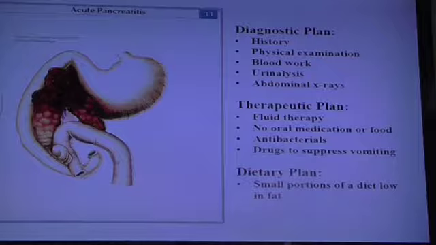Yes, sir. On animals with chronic pancreatitis, constantly recurring, would you leave them on a low-fat diet? Probably for the rest of their life. If they have chronic problems with pancreatitis, do you want to feed them one meal a day or small meals? Small meals.